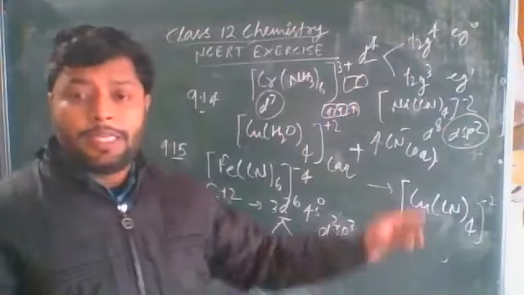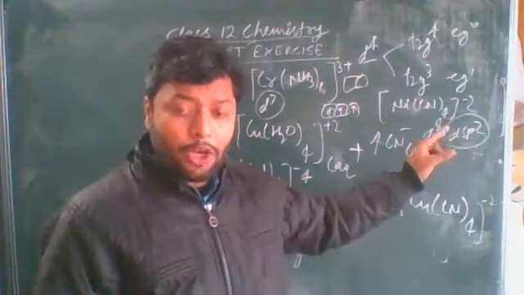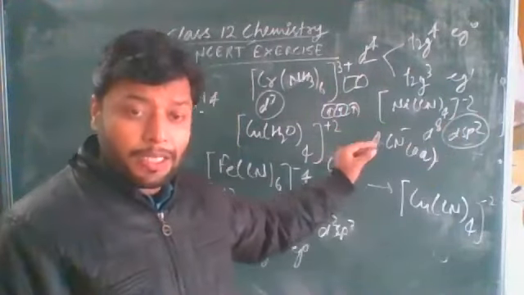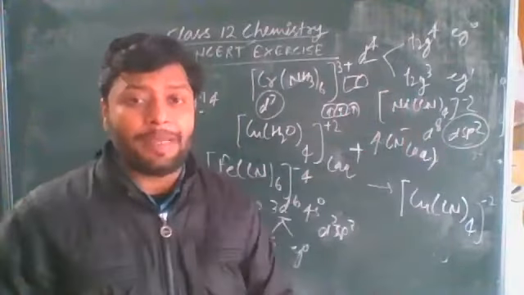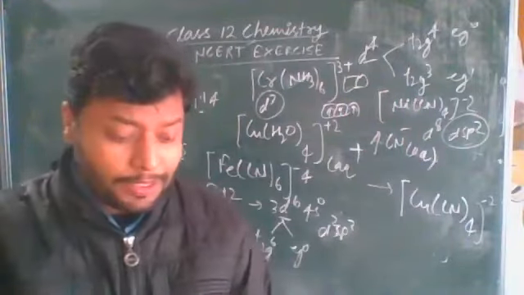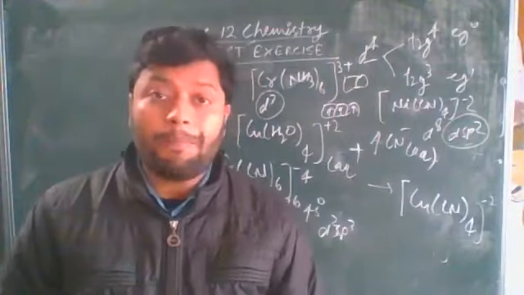So due to dsp2 hybridization, all eight electrons will get paired in the inner d orbital and will give you a diamagnetic behavior of the complex. This will be the explanation of these two compounds in the question.